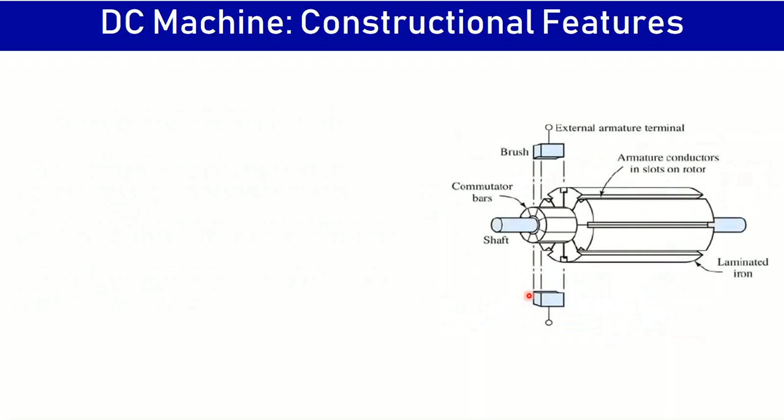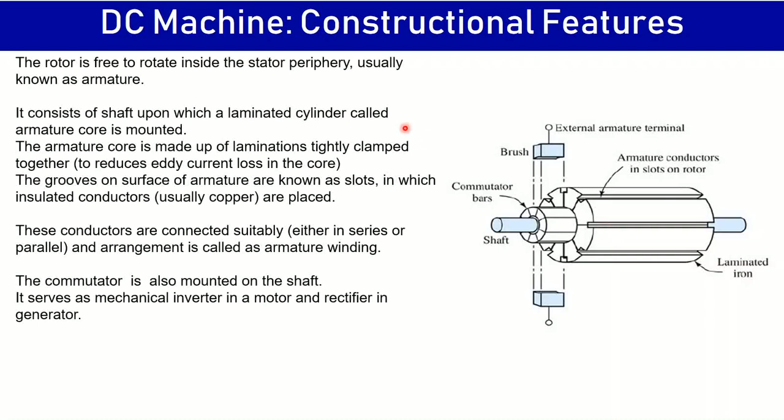As far as the rotor is concerned, it consists of a shaft on which the commutator and the armature core are installed. The armature core has slots in which the conductors of the armature winding are placed. This rotor is free to rotate inside the stator periphery, and this rotor is called the armature.